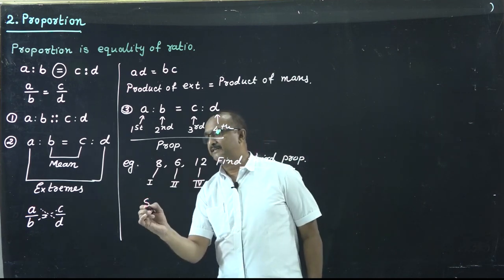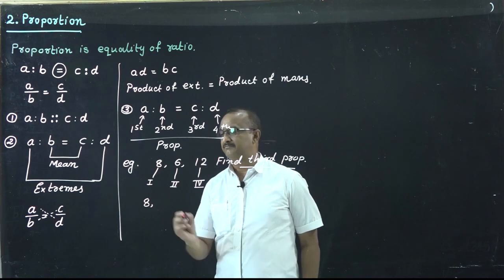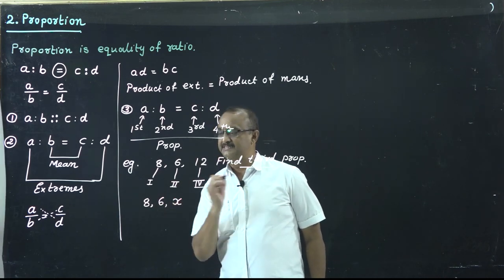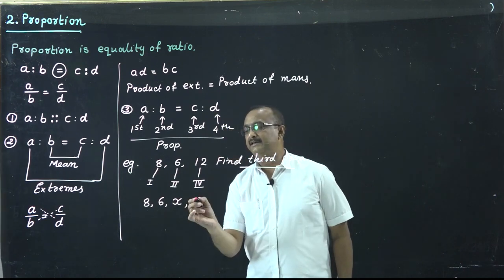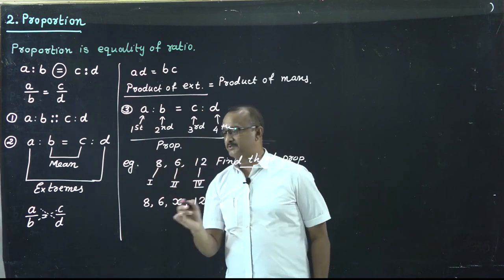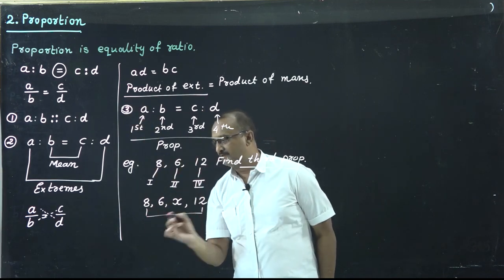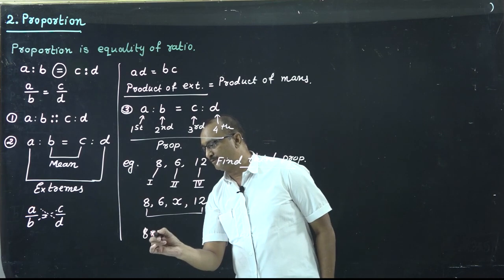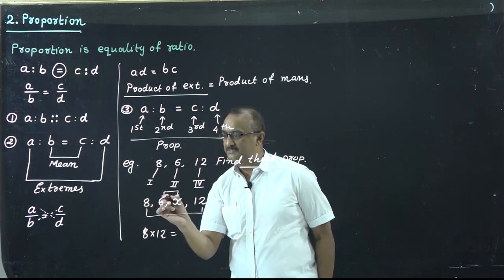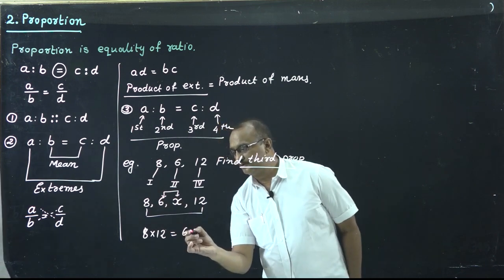We can write the terms in sequence: 8, 6, let us assume that x is the third proportional, and 12. Now what is our answer? Product of extremes, 8 into 12 is equal to product of means. Product of means means 6 into x.